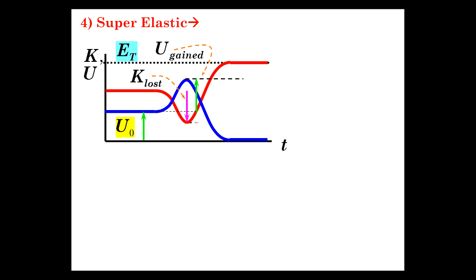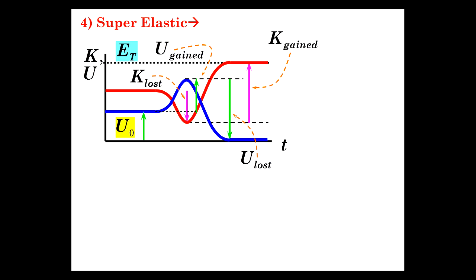And now we have the kinetic energy gained. So later on in the collision, we have the minimum kinetic energy rising up a lot to this final kinetic energy. So the kinetic energy gained is a significant amount, and the potential energy lost is likewise a significant amount from its peak down to the bottom.